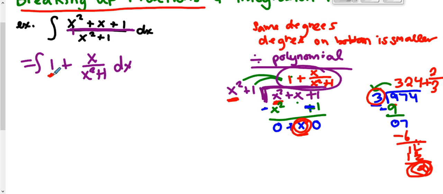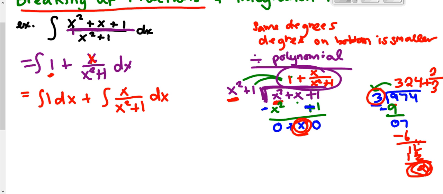Here we do have a denominator. If we take the derivative of x squared, we'll get something with x in it. When we split these up, sometimes it's easier to split them up before you integrate. So this would be the integral of 1 dx plus the integral of x over x squared plus 1 dx.